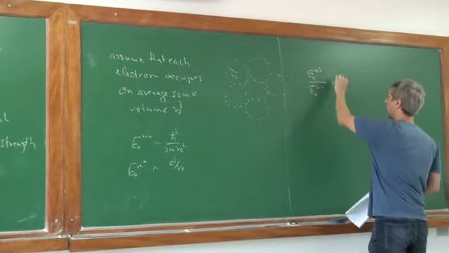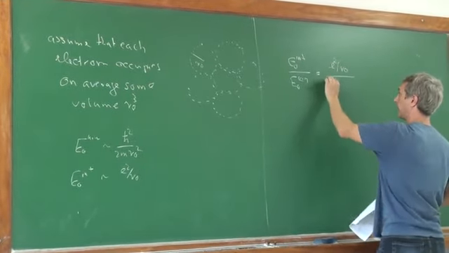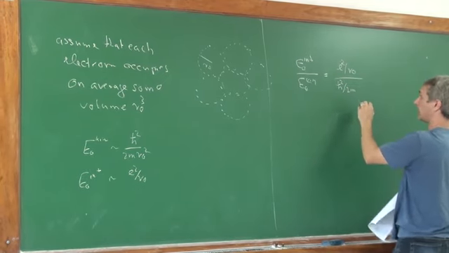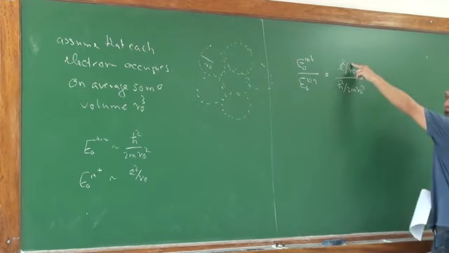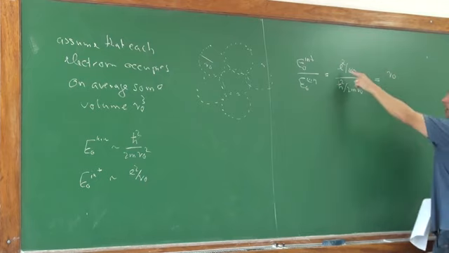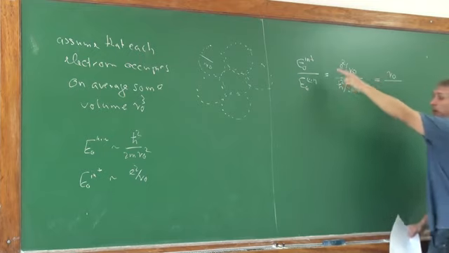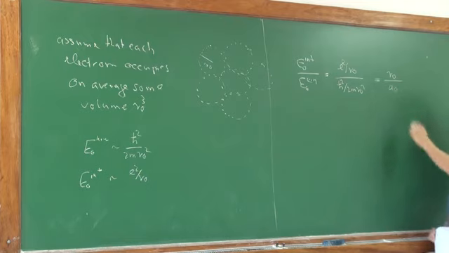So this is just given by e squared over r0 divided by ħ squared over 2m r0 squared. So we get r0 squared up here, so all this is proportional to r0, and all of the rest here is a dimensional quantity, so all of the rest also has to combine into some length scale.